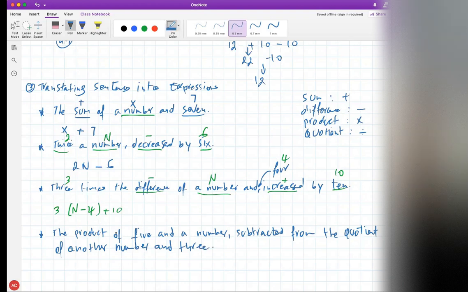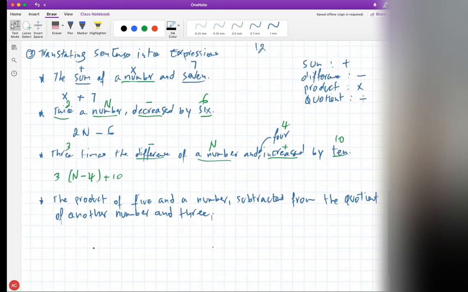Okay, there's a lot going on here, but the expression itself will look so small. The words take space, but the expression itself will be pretty small, just like here, a whole sentence, small expression, a whole thing here, small expression.